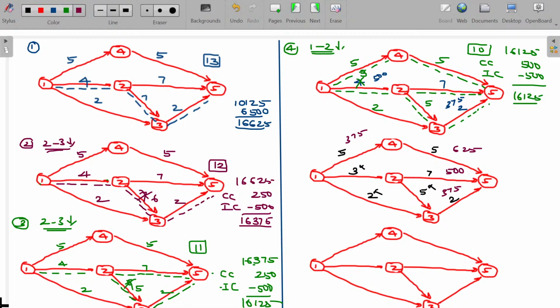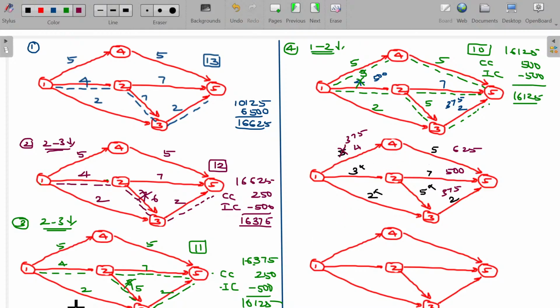Now, you don't have a common activity. All the routes are now critical. For each and every route, you have to reduce 1 day, only then can you reduce the ultimate project duration. So for this route, I am going to reduce 1 day. Where? Is it 1 to 4 or 1 to 5? 1 to 4 is logically cheaper, 375. So I have to reduce this by 1 day.